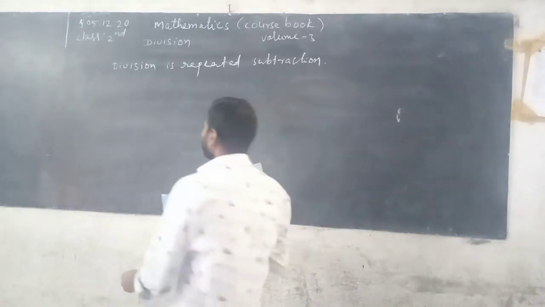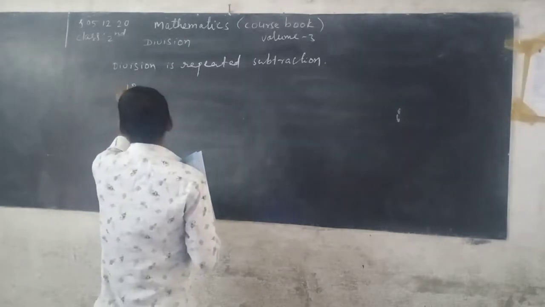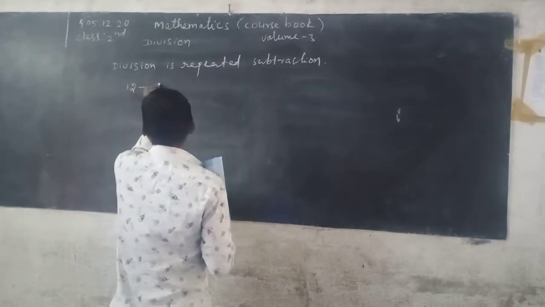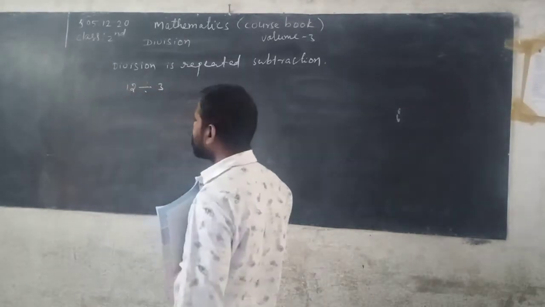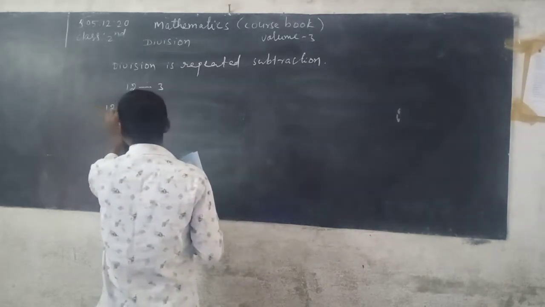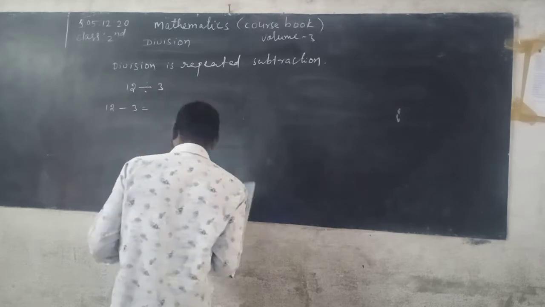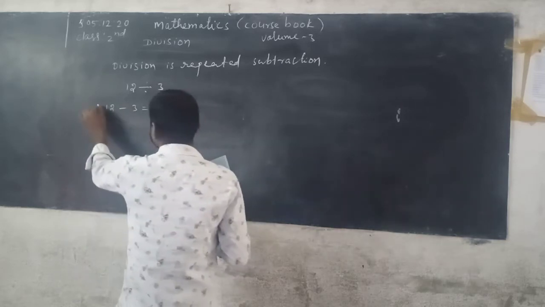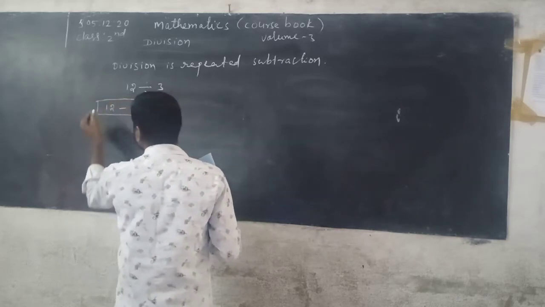Very easy. For example, 12 divided by 3. First 3 is subtracted from 12, means 12 minus 3. What do we get? 9.